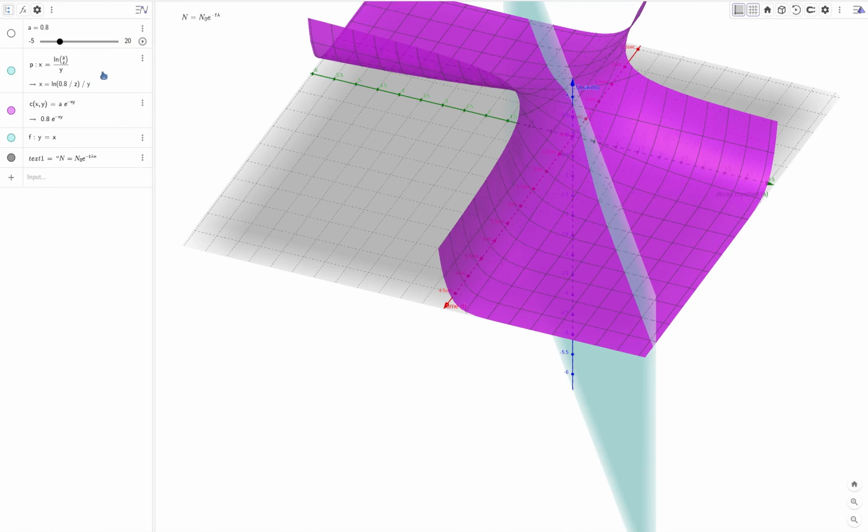Here we have an initial quantity that I have set where A here takes the place of our N0, and that is 0.8. So one can imagine setting up some experiment, and there's some collection of atoms, and those are atoms of a particular type.